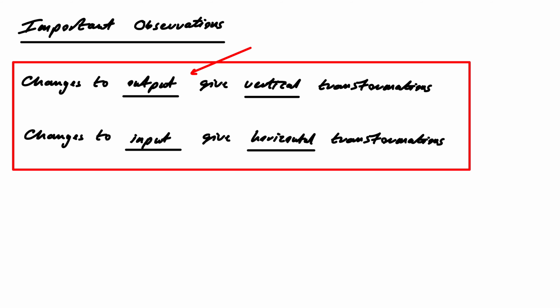When you're talking about the function f of x, and you've got your actual expression on the right-hand side, whatever it is, it could be x squared plus 7 divided by 19, the output is everything on the right-hand side. So whatever you're doing, multiplying it by a constant, adding a constant to it, multiplying it by minus 1, it's got to be the whole right-hand side which is changed. This is a bit confusing if I don't give an example, but I will in a second. The input, though, is a bit simpler: that's always just the x.